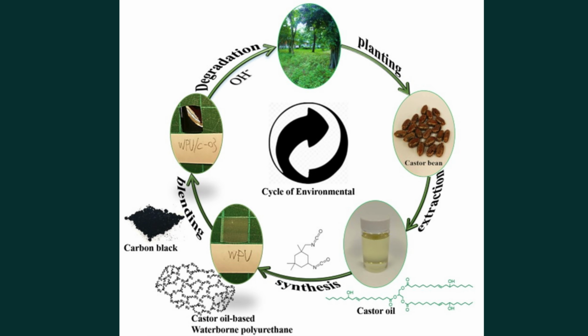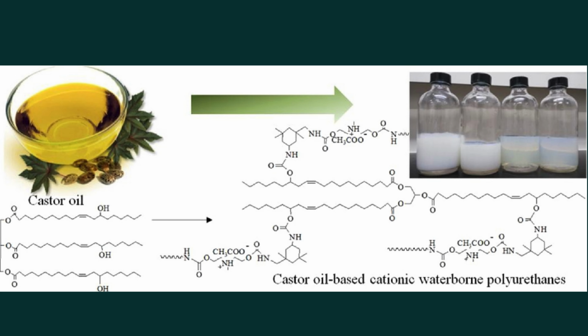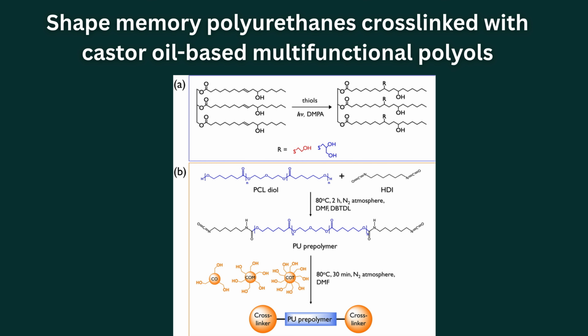Castor oil-derived polyurethanes. Among castor oil-derived polymers, polyurethanes represent the most extensively studied and commercially important class. Polyurethanes are formed through the reaction between polyols and isocyanates, producing urethane linkages. Castor oil serves as a natural polyol, and its hydroxyl groups participate directly in the polymerization process.